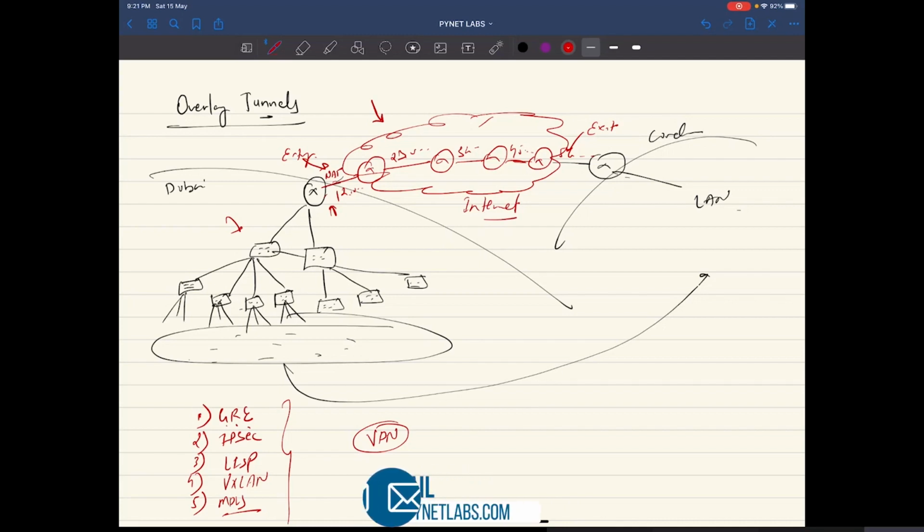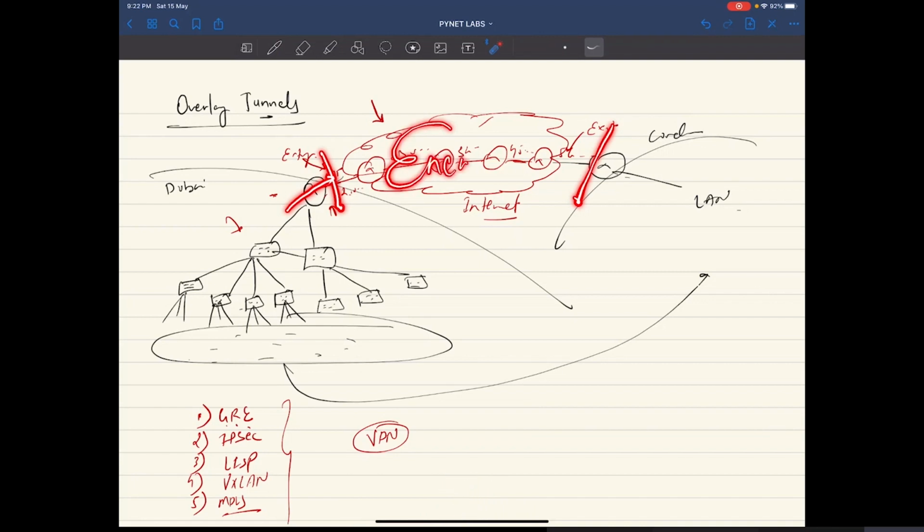So VPN data is sent from one side to the other, and as soon as the data leaves your gateway, it is encrypted, which means nobody can see the actual content, the actual source, and the actual destination of your data while it is in transit.